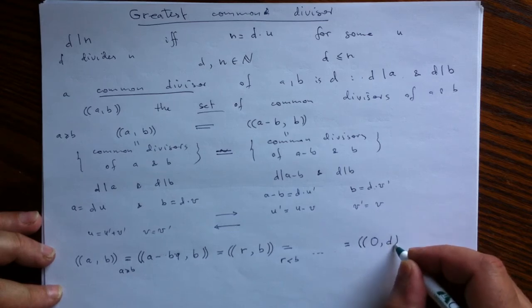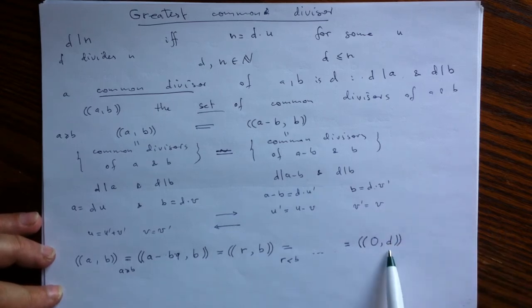And then the other number, I'll call it D, and I'm claiming that that is a common divisor, and that is the greatest common divisor of the pair. Because what is the set of common divisors of a pair 0 and D?